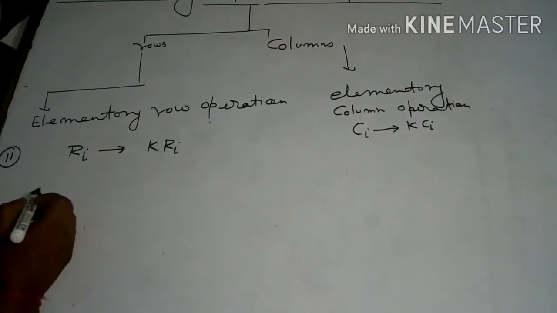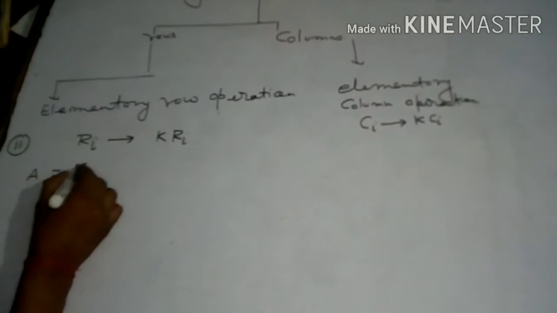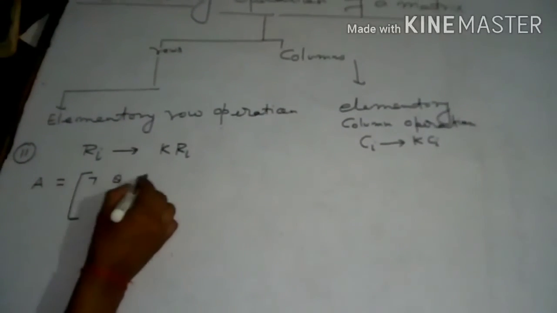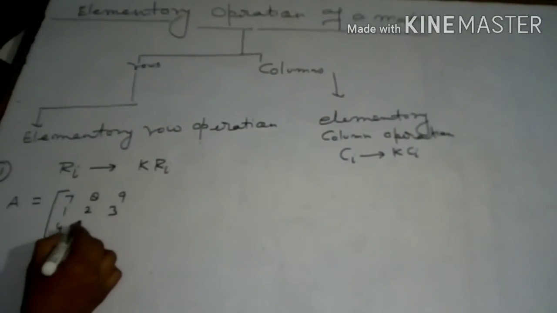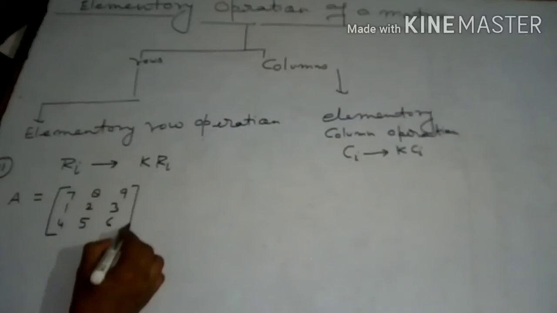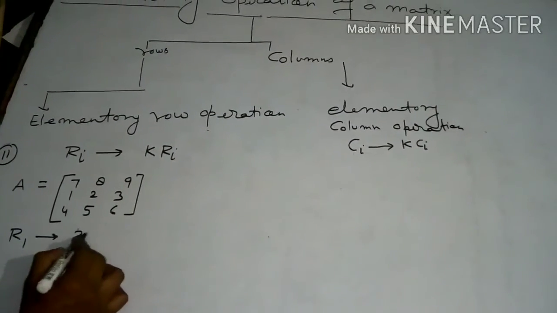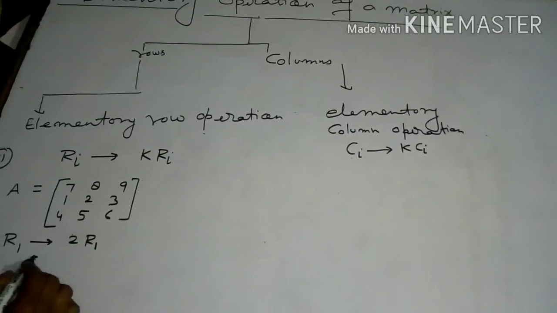For that, again take the example A equal to 7, 8, 9, 1, 2, 3, 4, 5, 6. If we multiply 2 times R1, what will we get?